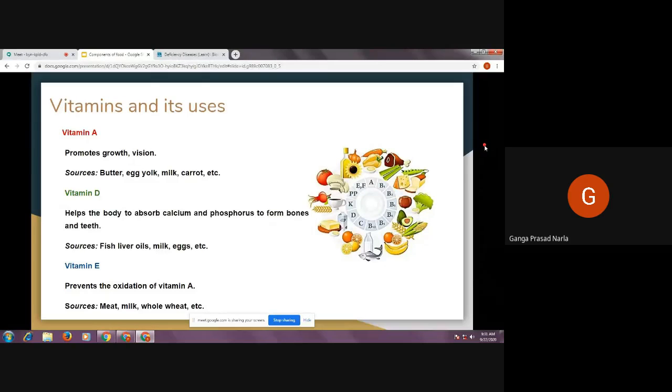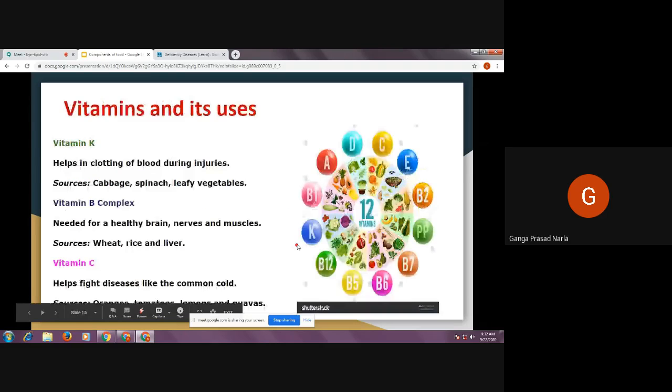To absorb calcium and phosphorus we need vitamin D. Vitamin E prevents the oxidation of vitamin A, helping to absorb vitamin A. Vitamin K helps in clotting of blood during injuries.